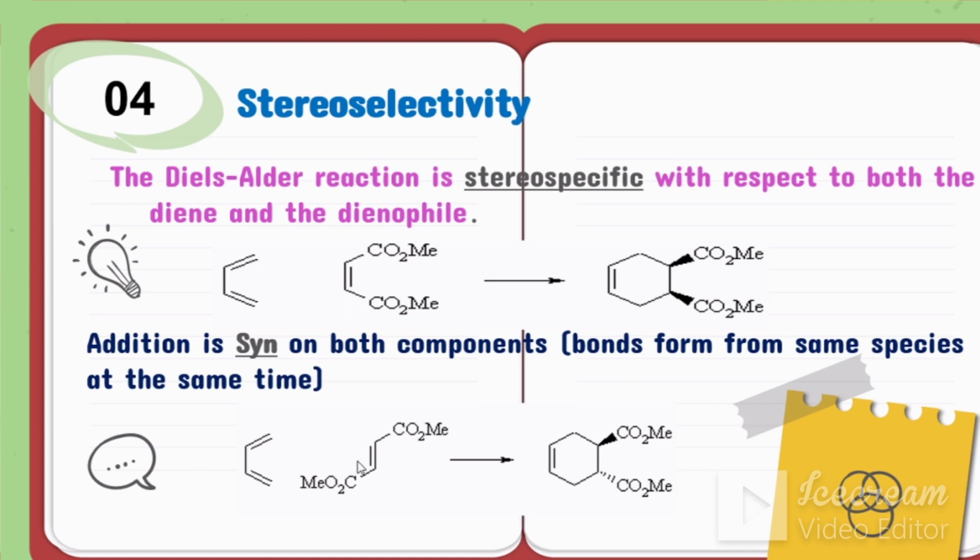Another example is trans geometry of the dienophile, and the product geometry is trans. That is stereospecific. With a cis dienophile, the product geometry is cis; with a trans dienophile, the product geometry is trans. That is, addition is seen on both components.